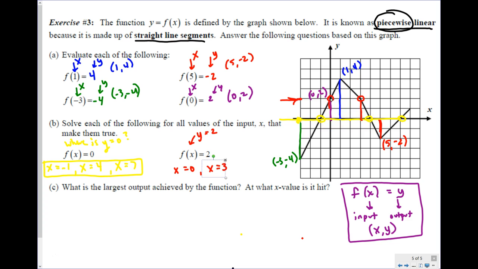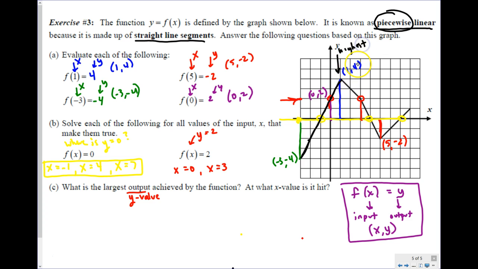Alright. And finally, the last question, what is the largest output? Remember, output is a y value. So this is the same thing as saying, what's the biggest y value in this graph? So if I go look at my picture, here's my black line right here. Watch my black line. Where does it get to be the highest? Boom. Right there is the highest y value.